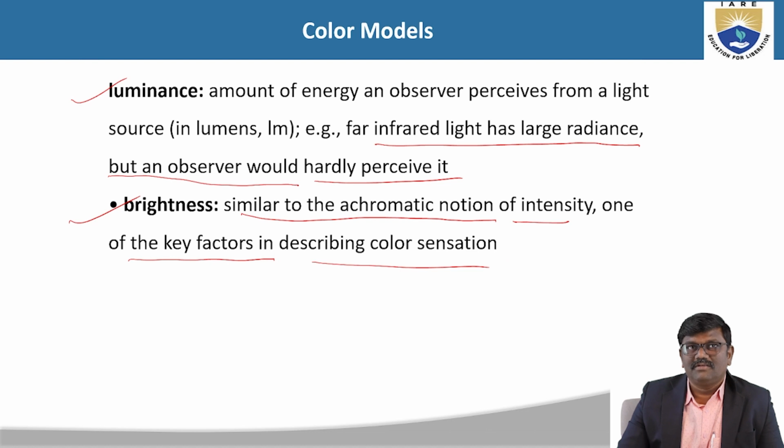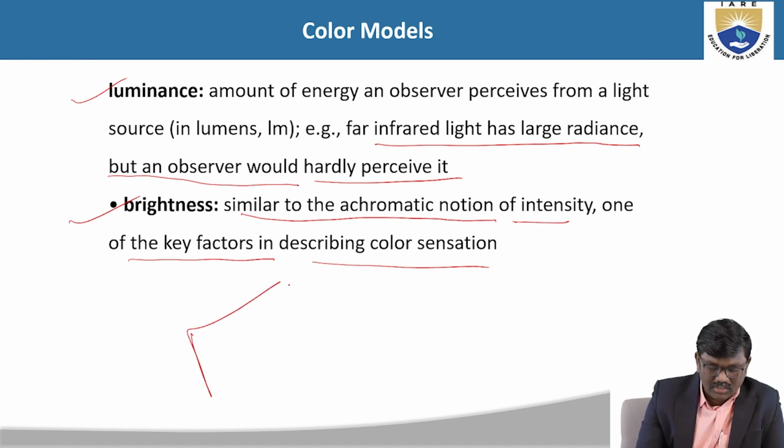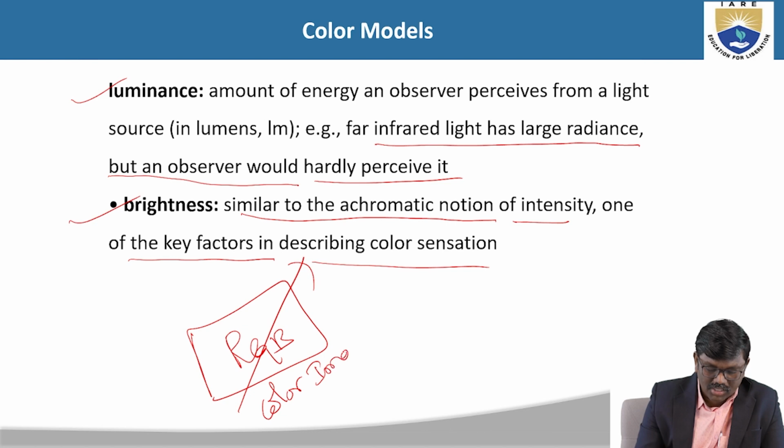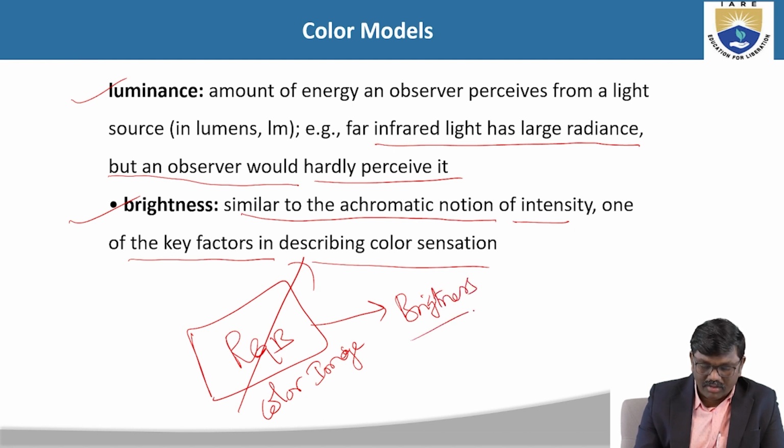Your image is now an RGB image, and in this RGB color image you want to improve the brightness. How can you improve it?